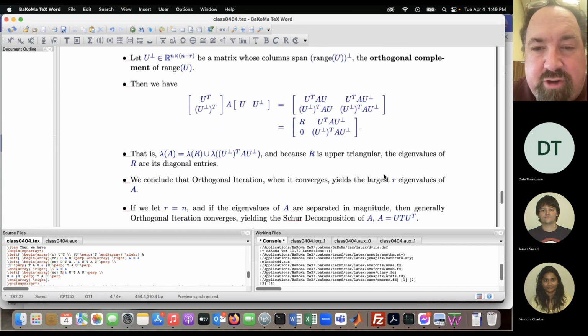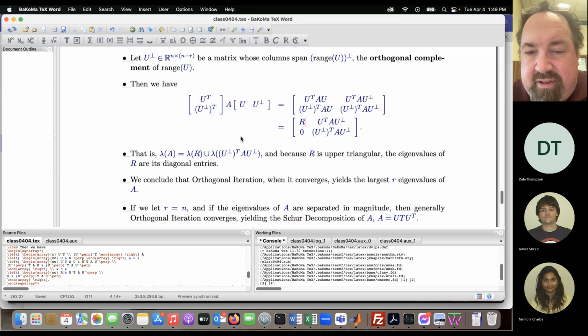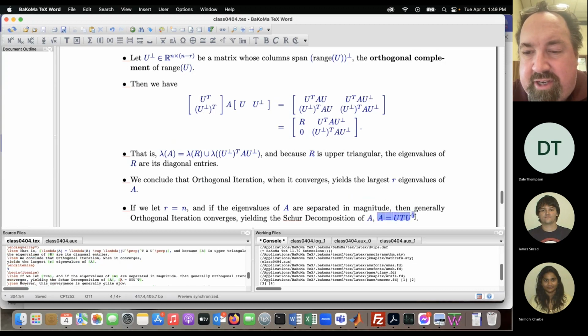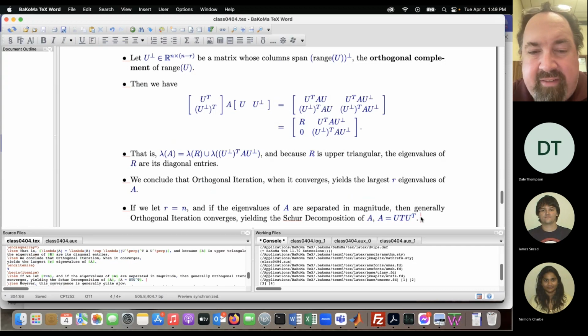But what's of more interest is the extreme case. We let little r equal to n. What we end up getting in that case is we still have this kind of relationship, but now all of these matrices are going to be n by n.